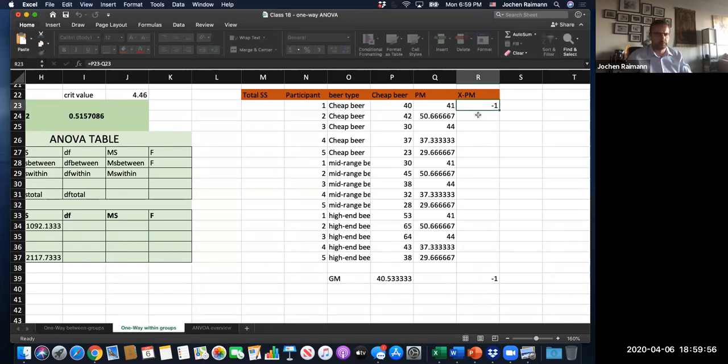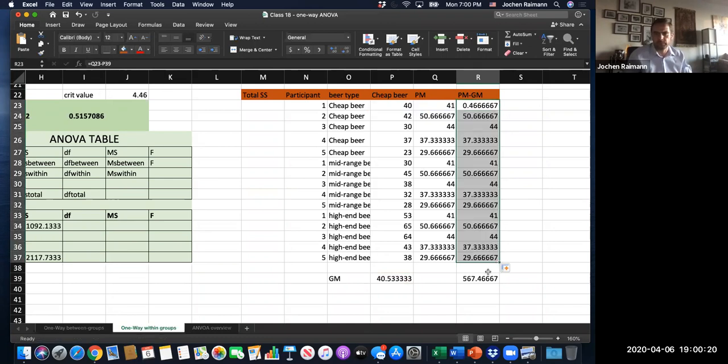Actually, it's the calculation of this minus, I'm getting confused, minus the subject, the participant mean. So it's our PM minus the grand mean. Yeah, so this is how we're getting this. And we are not summing this, but we're summing this.